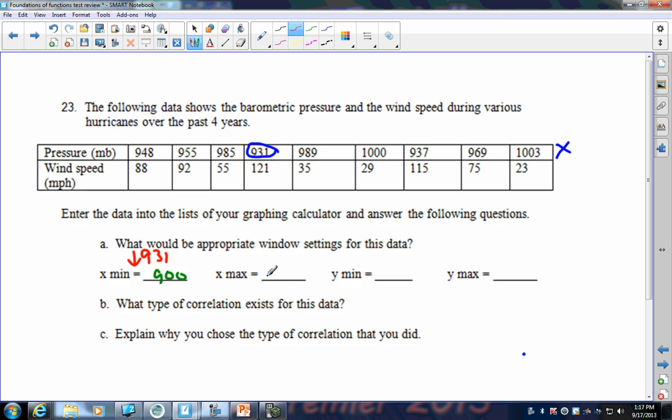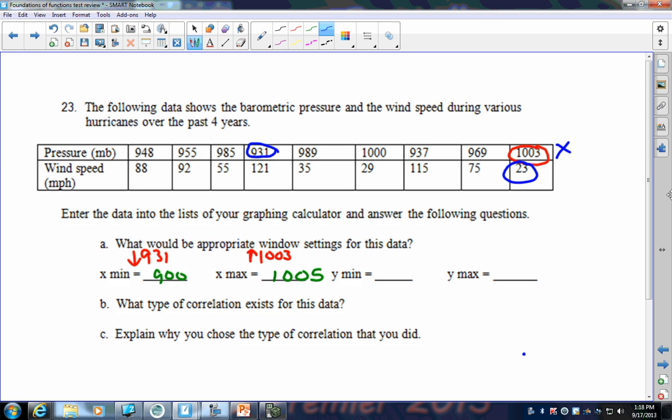My X maximum, my largest X number, is 1003. So this needs to be anything higher than 1003. I guess for giggles, I'll just make it 1005. You can do 1010, anything that's bigger. Y minimum. The smallest Y number, what is it, 23?